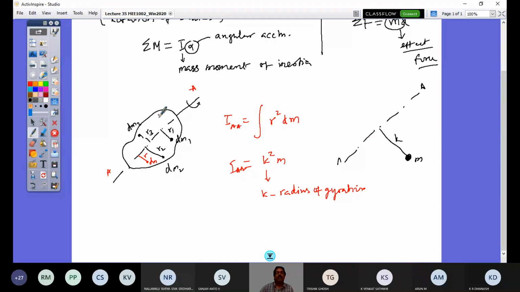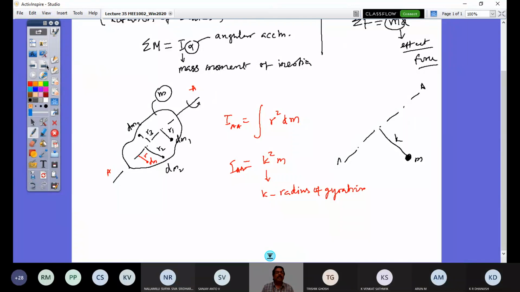This is mass m. The entire mass m of this body is kept now at a distance k. So k squared m is what IAA is, given mathematically by the definition integral r squared dm, or it is k squared m. This is not dm, it is the total mass concentrated at a distance k. Then k squared times m is equivalent to what I get from this integral. So this is mass moment of inertia.